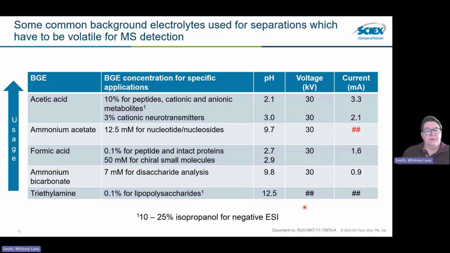We use a high pH, and then we measure it in positive mode. Formic acid is typically used for peptides and proteins. We can use ammonium bicarbonate, triethylamine for lipopolysaccharides. I personally have not tried that, but it is possible.